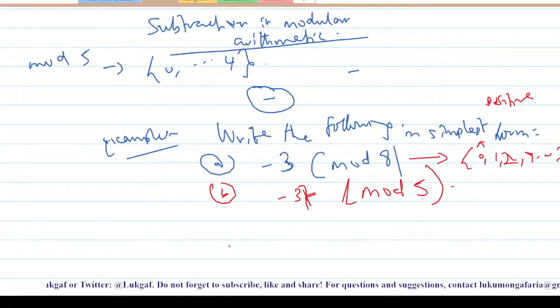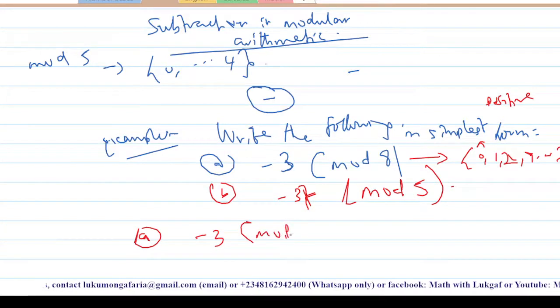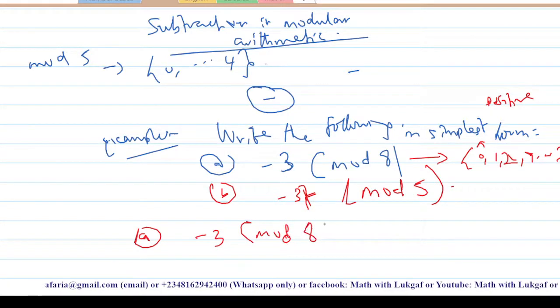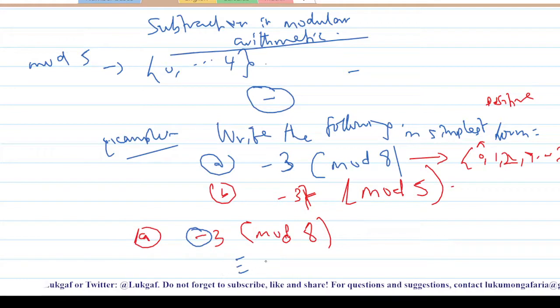If you want to convert this number to simplest form, the simple method I use to teach my students is this. We are working in modulo 8. First of all, get rid of the negative sign in your mind. Then abstractly, it means you are having 3 alone.